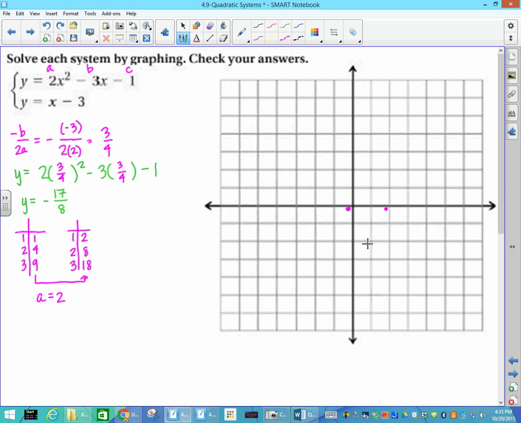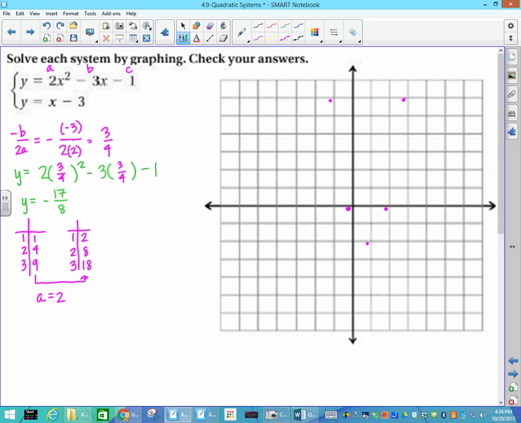Go back to my vertex, and if I go over 2, then I'm going to go up 8. 1, 2, 3, 4, 5, 6, 7, 8. So I'm in this box, right up next to that line, kind of in the corner. Go over here, 1, 2, and then up it's going to be on that same level.